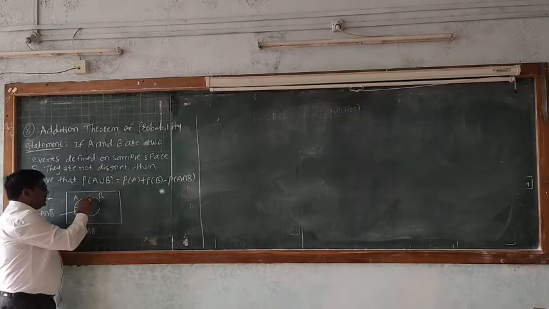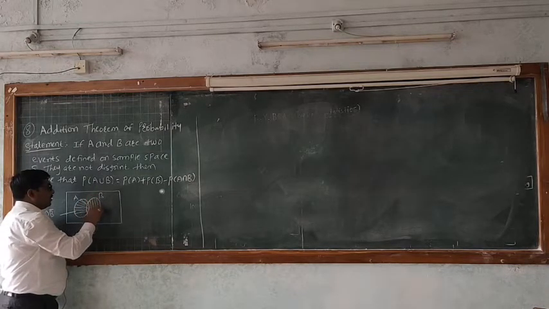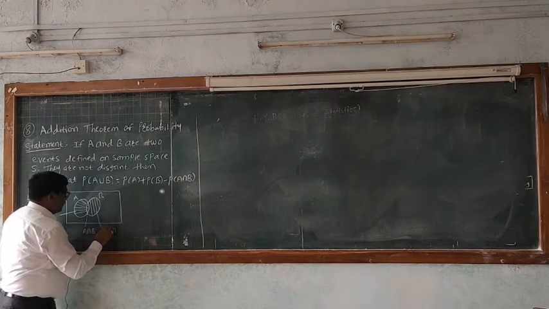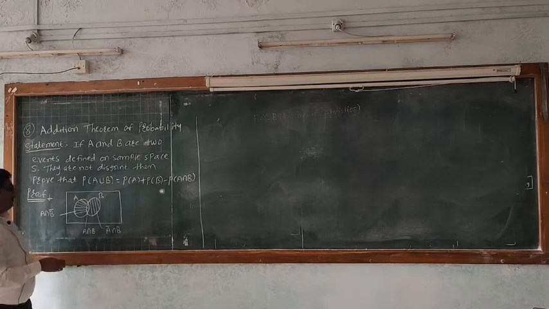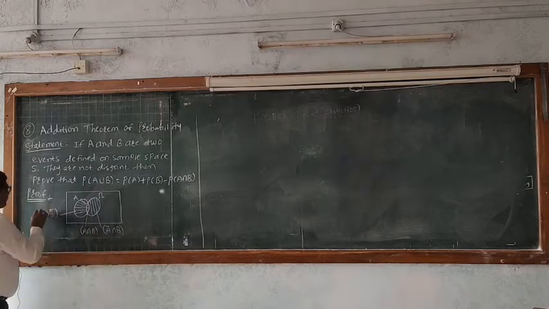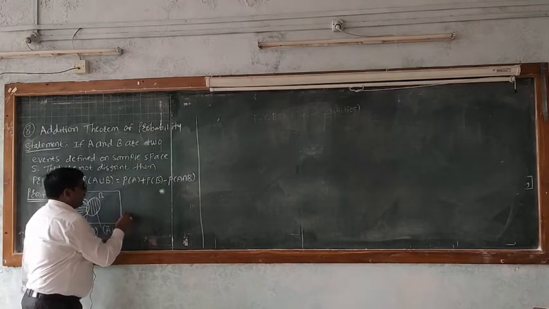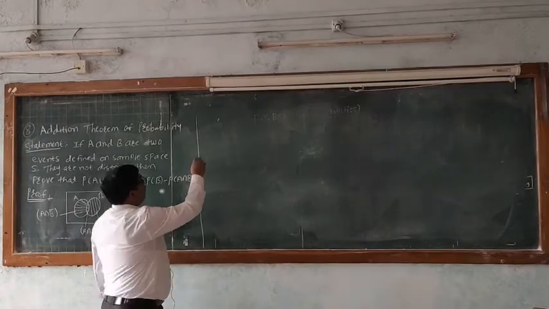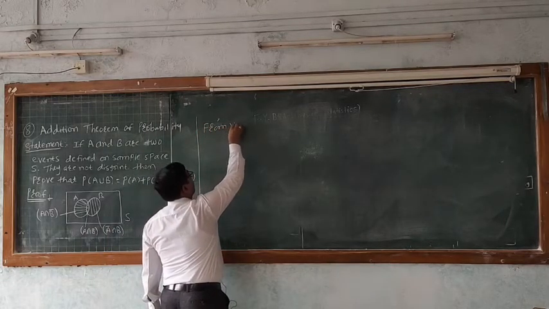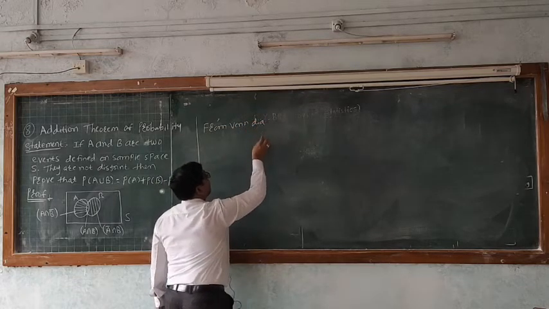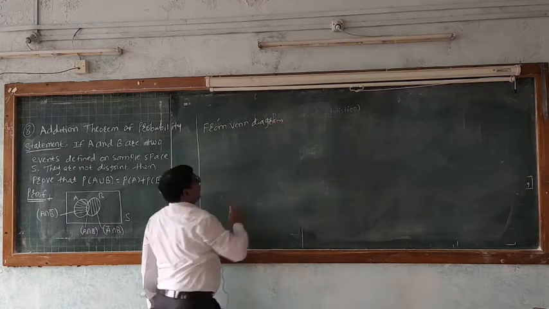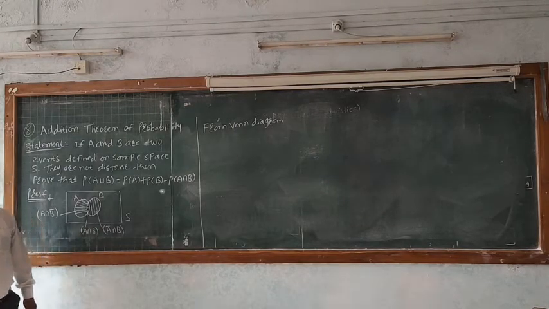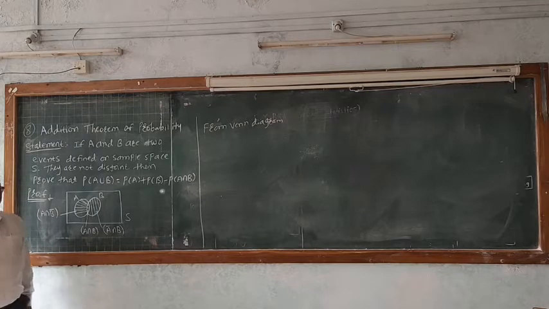And what is this? This is also A bar intersection B. So from the Venn diagram, now see and observe the Venn diagram, student. Have you seen?